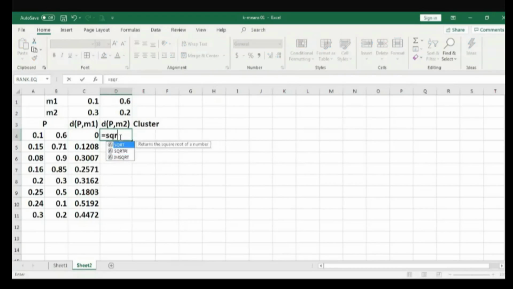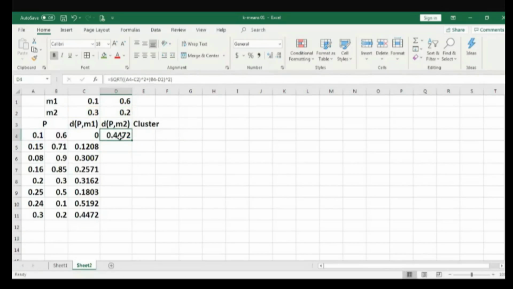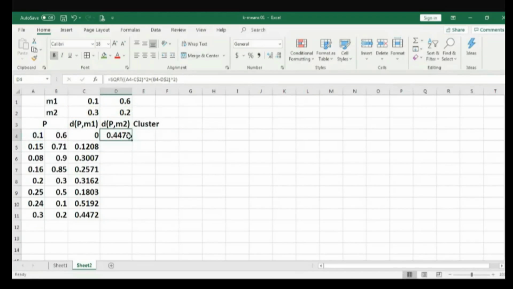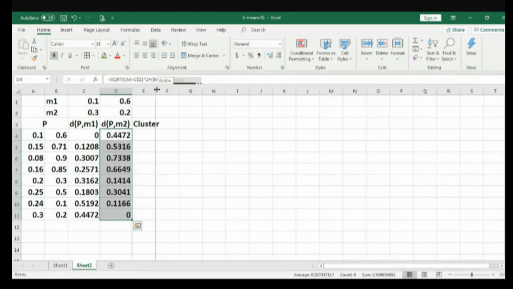Square root of 0.1 minus 0.3 raised to 2 plus 0.6 minus 0.2 raised to 2. Then put a dollar over here so that it will be dragged downward. That's it.